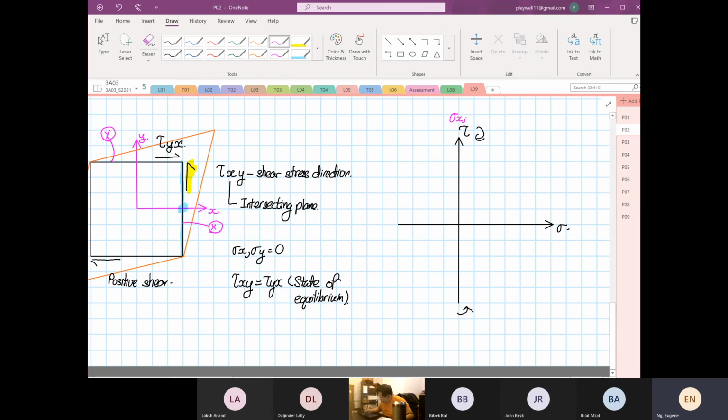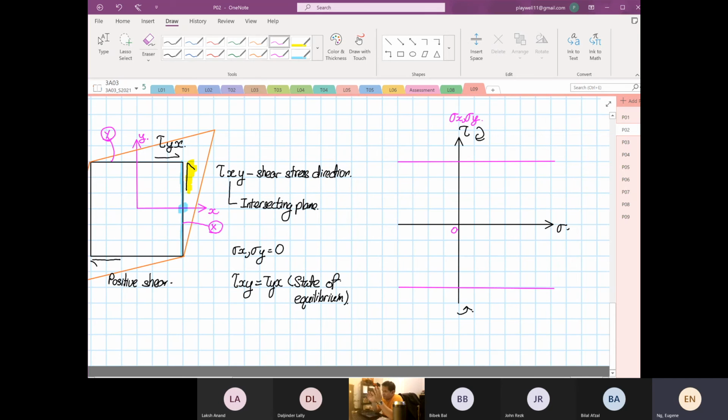The axis of the shear. Then we have positive shear. But no doubt it is positive shear, right? You have to draw both positive and negative. And you will ask me, Eugene, if it's positive, why are we drawing positive and negative? Just hear me out, okay?